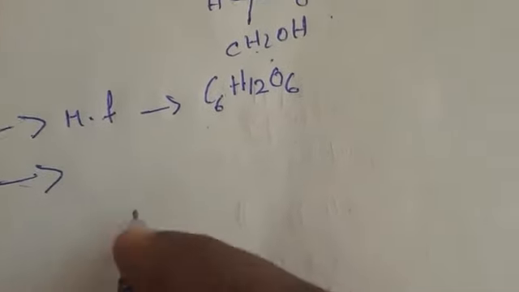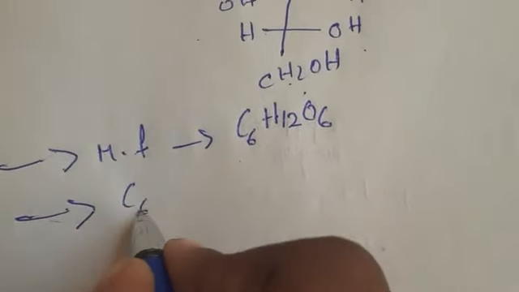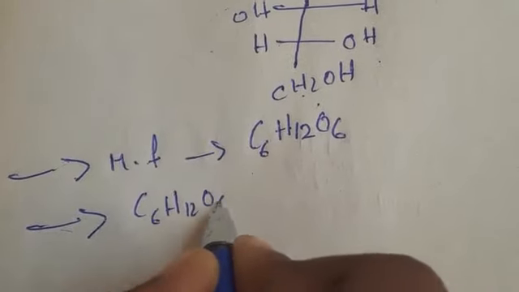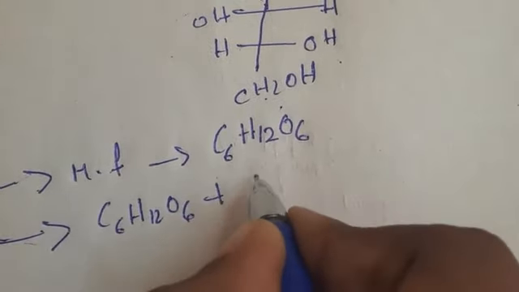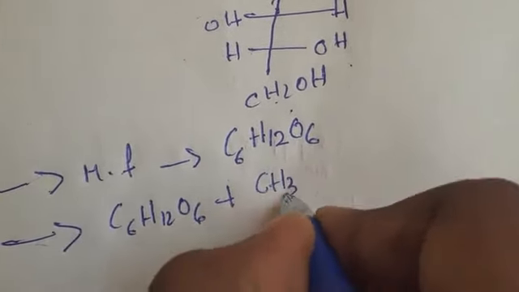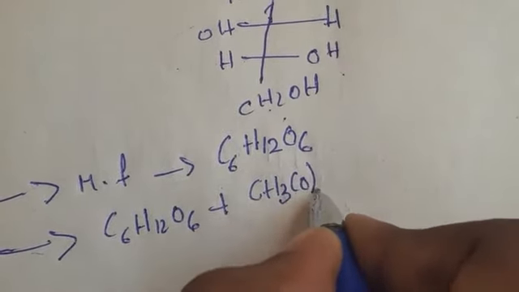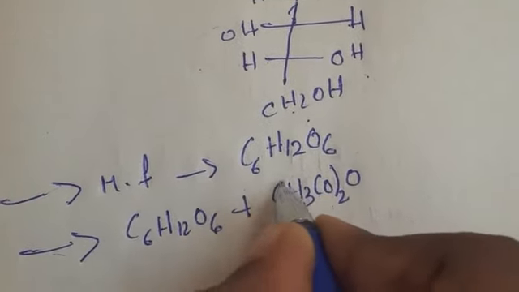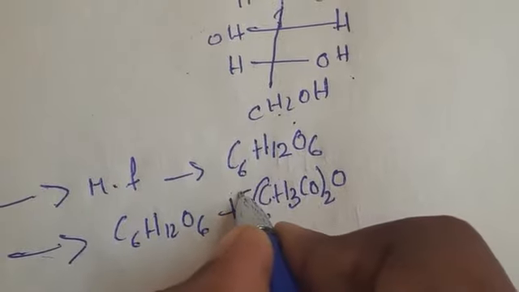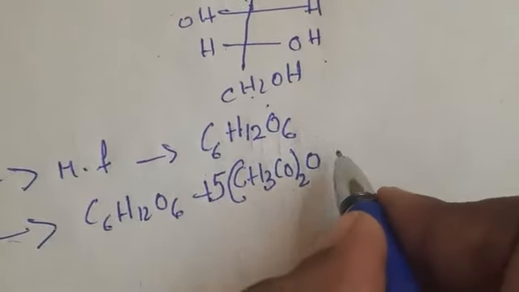We have to treat with acetic anhydride. C6H12O6 is treated with acetic anhydride, (CH3CO)2O. How many moles do we take? 5 moles of acetic anhydride.